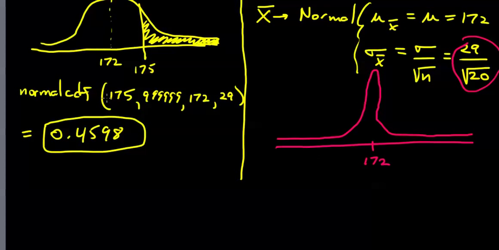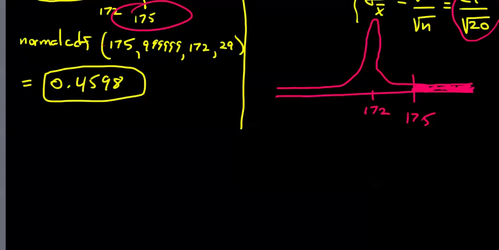We're still interested in the same limit as part A. So I'll draw a boundary of 175 somewhere to the right of the mean. This area is the probability I seek.